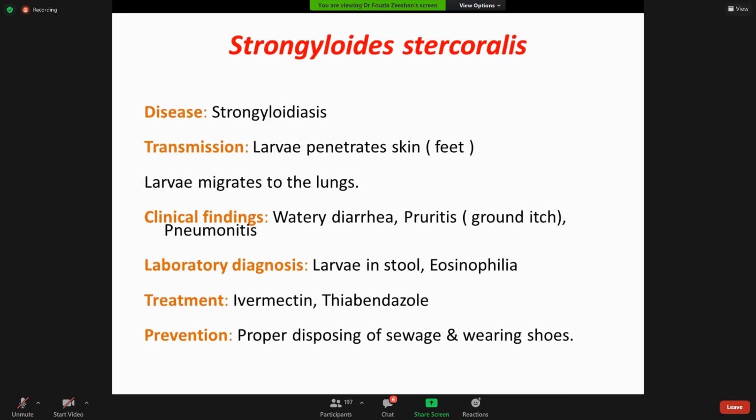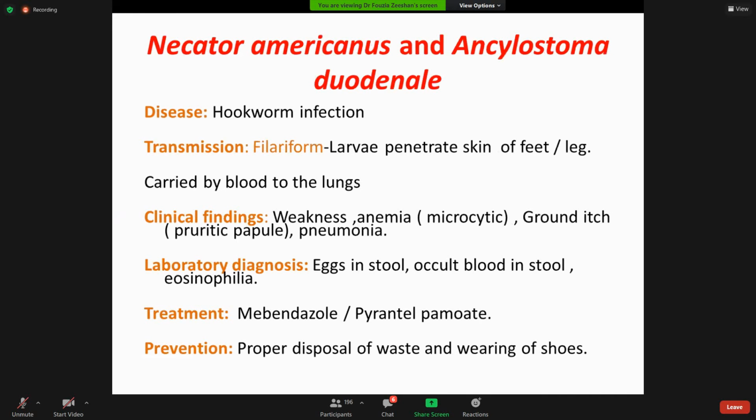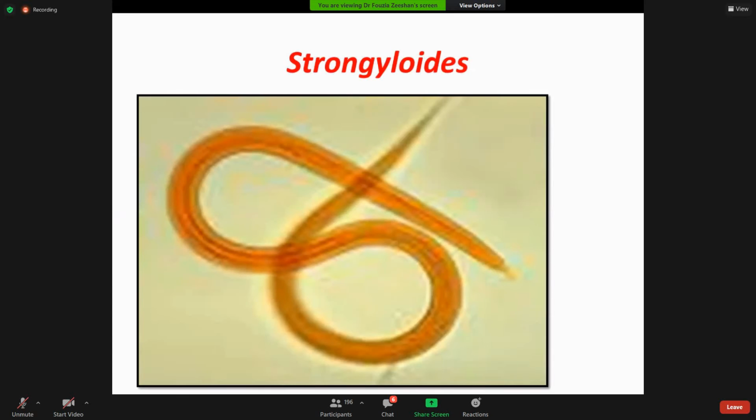So proper wearing of shoes and proper personal hygiene is very important. This is the larva, how it looks like. You can see that there are sharp ends.